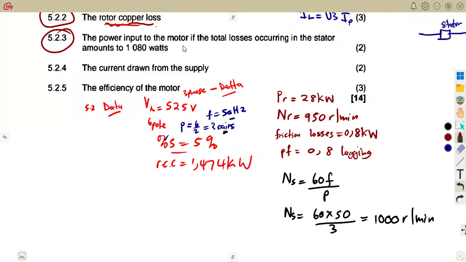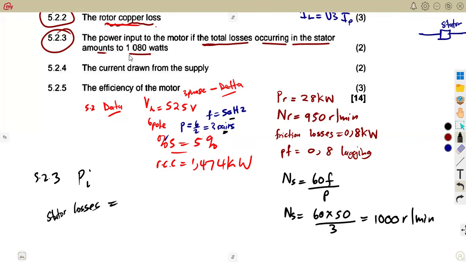Let's check another question that you're given, which is to calculate the power input to the motor. 5.23, we need the input power, if the total losses occurring in the stator amount to 1080 watts. These are the stator losses that we are given.